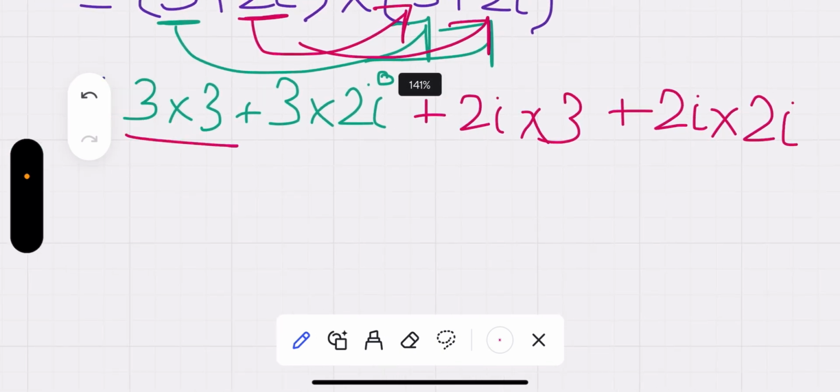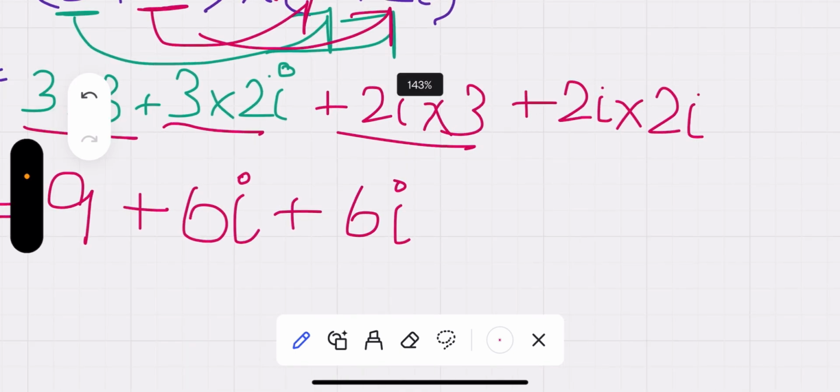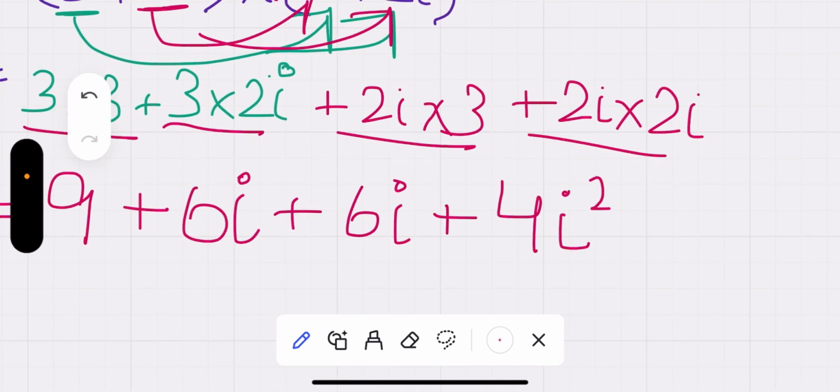Okay, we have first term 3 times 3 is 9, plus 3 times 2 is 6 iota, plus 2 times 3 is 6 iota, and here plus 2 times 2 is 4, and iota times iota is iota square.